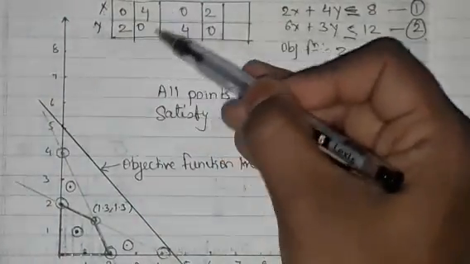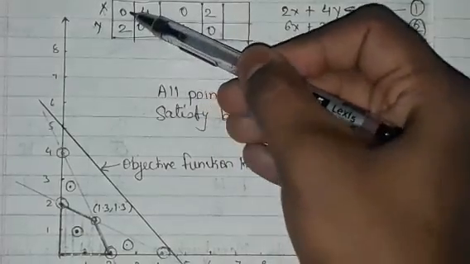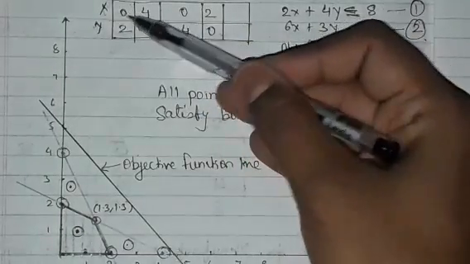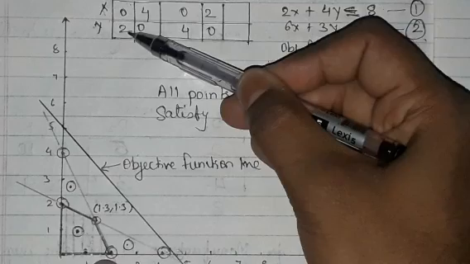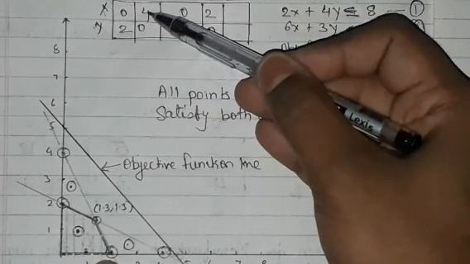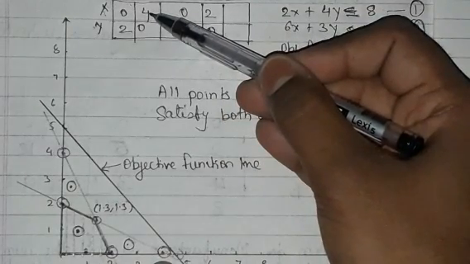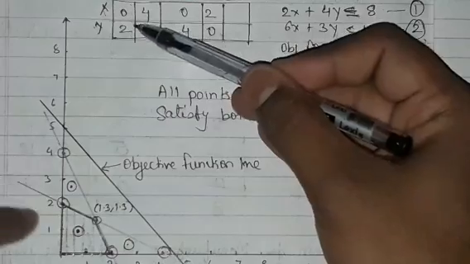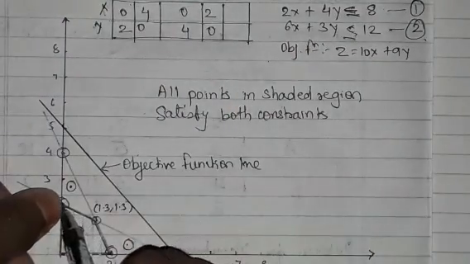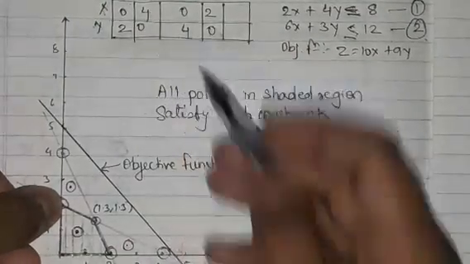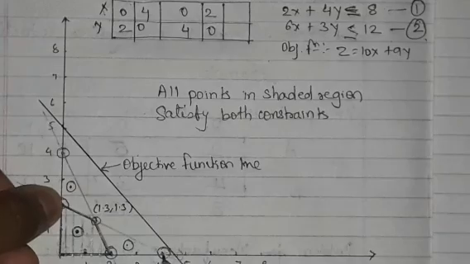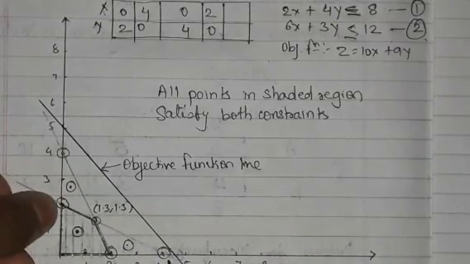So for the first equation I am going to draw a line. x 0, y 2, which is this point, and x 4, y 0, which is this point. So I am going to draw a line.